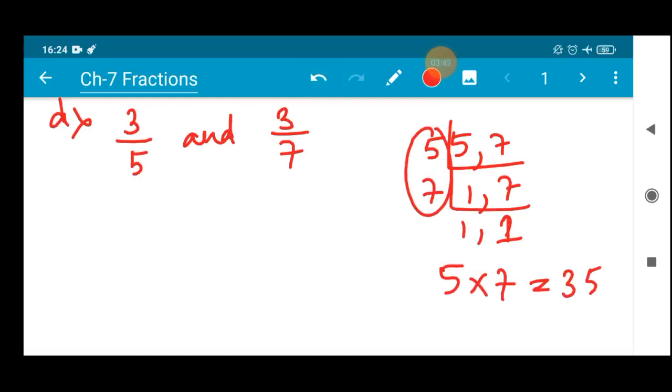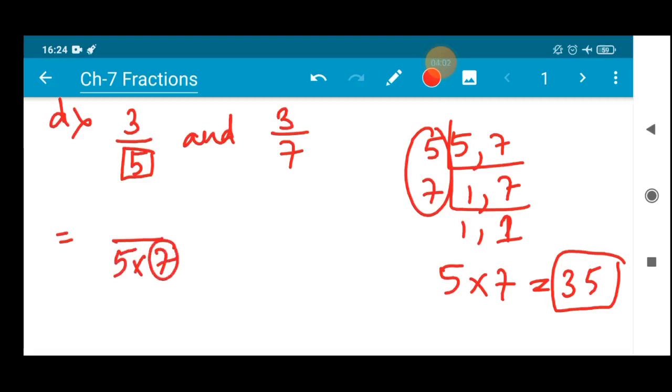Whenever we make the same denominator, the LCM we got will be our target. So multiplying with what are we going to get 35? Of course, 5 sevens are 35.